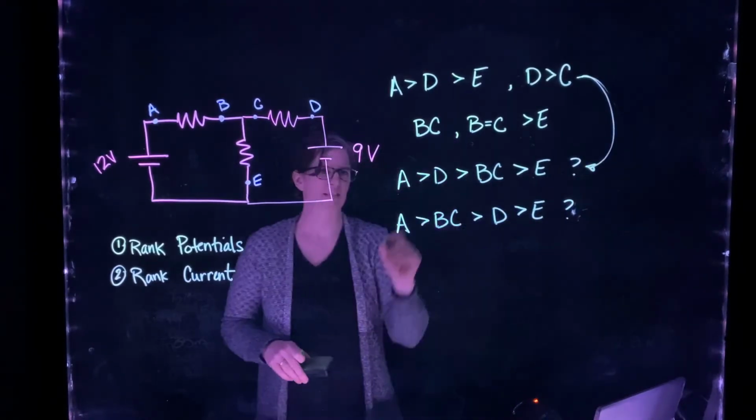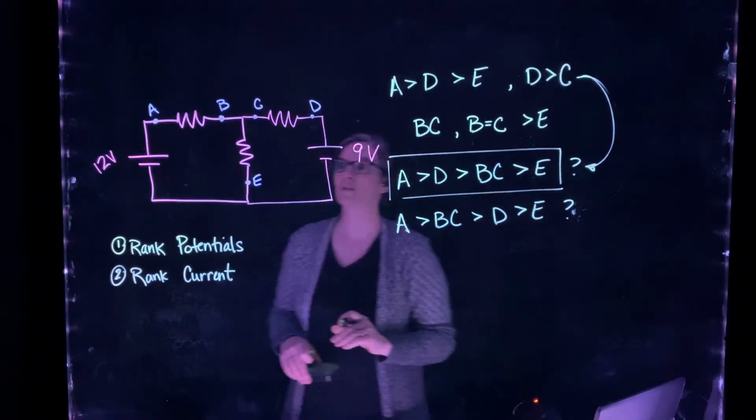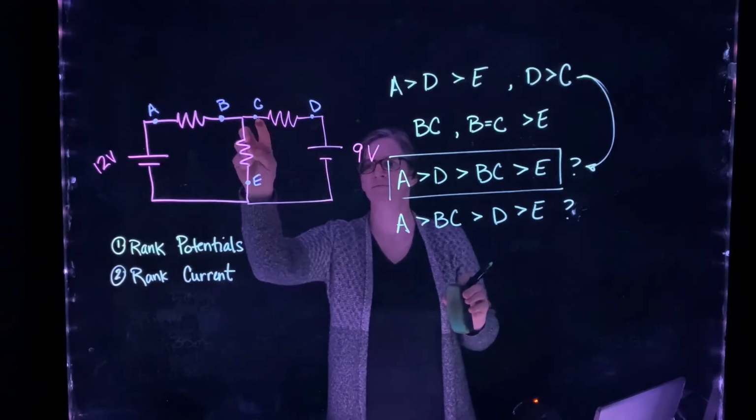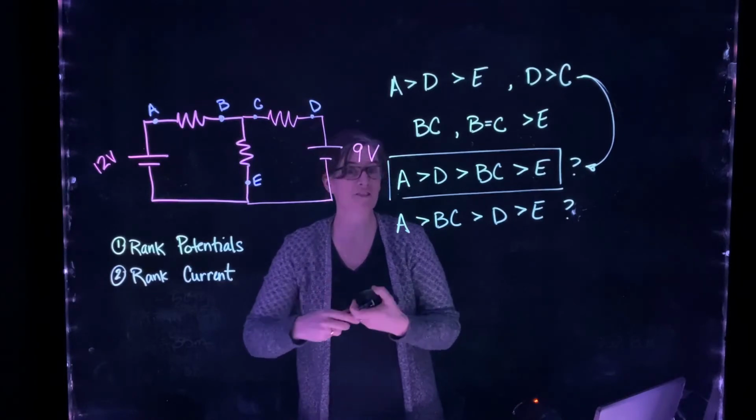This has to be our situation. So the potential at A is greater than the potential at D, which is greater than the potential at B and C, and everything is greater than E. All right, so that's our potential.